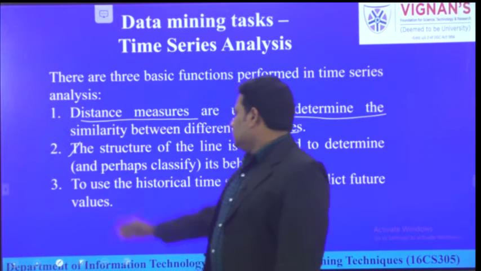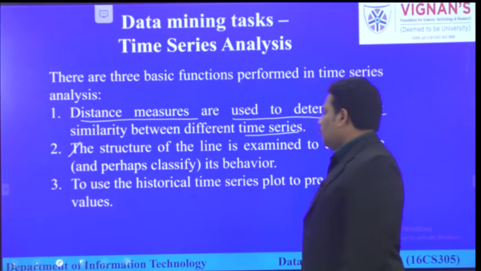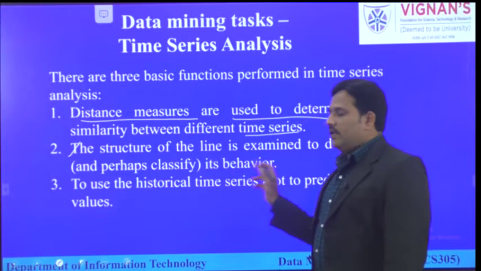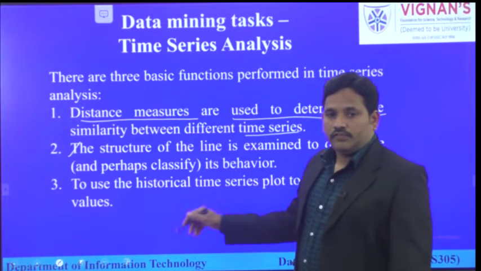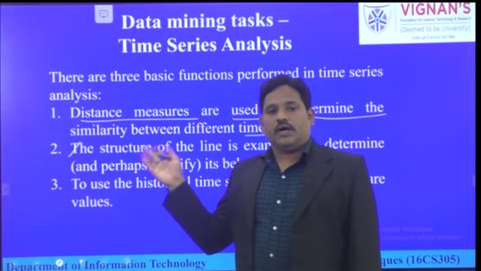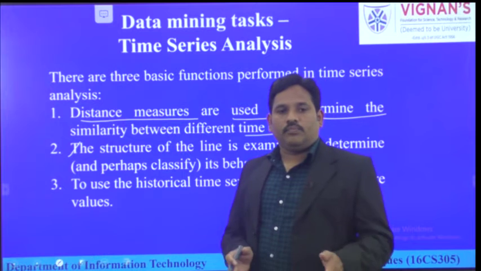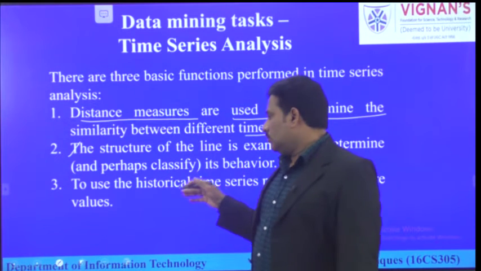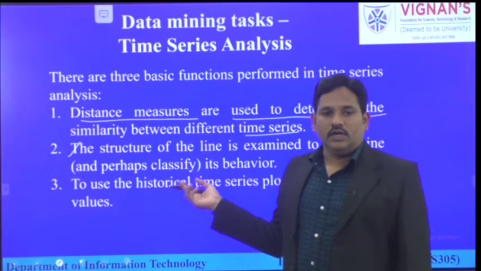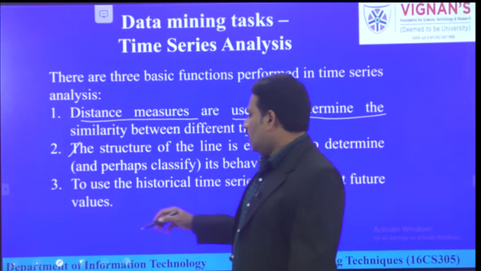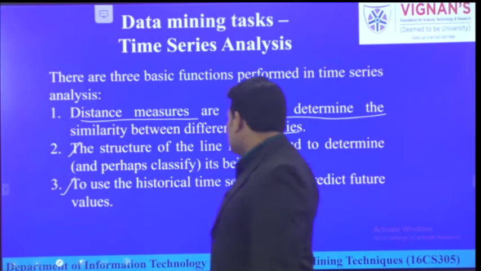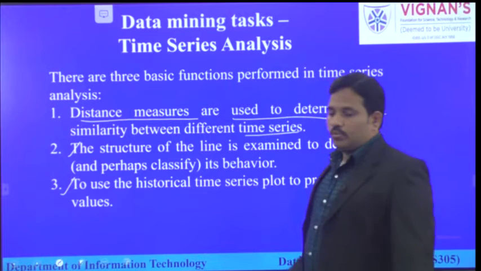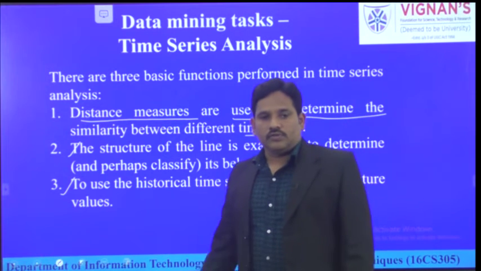And next, the structure of the line is examined to determine the behavior. That means after plotting all these values of past 10 points of information, we want to come to a conclusion to understand the behavior of the data. And we can also use the historical time series plots to predict the future values.